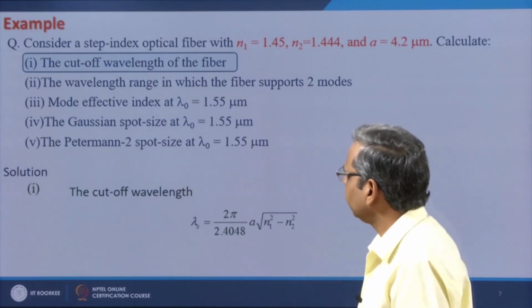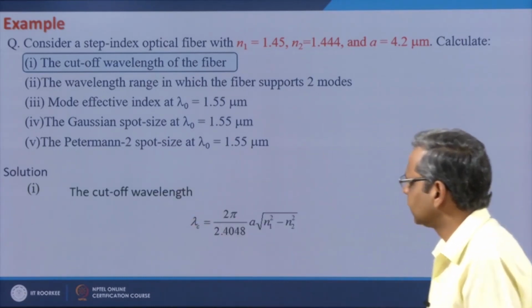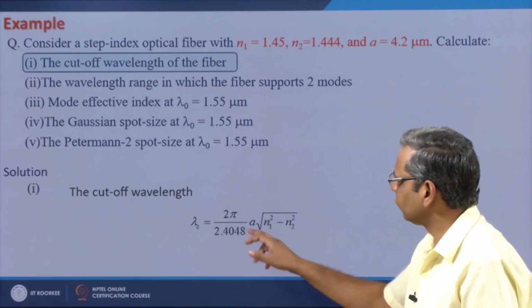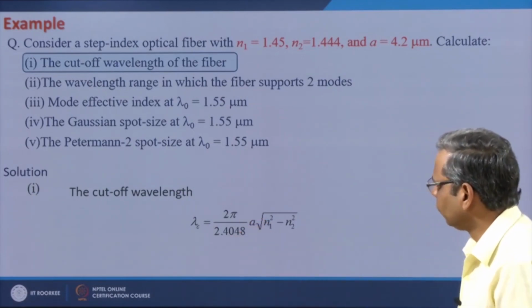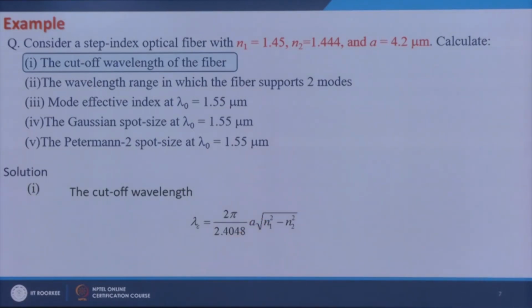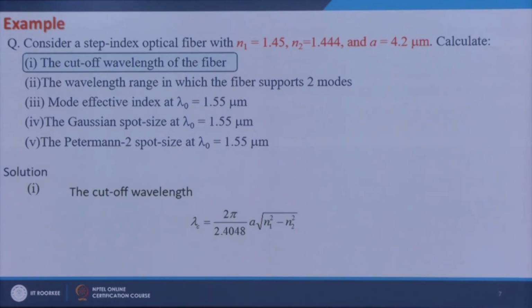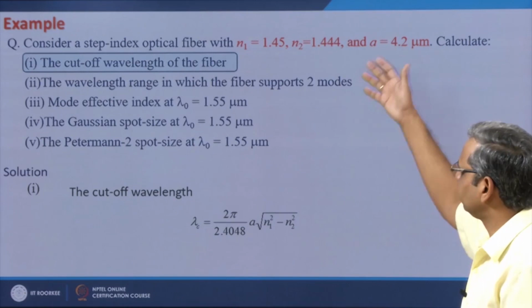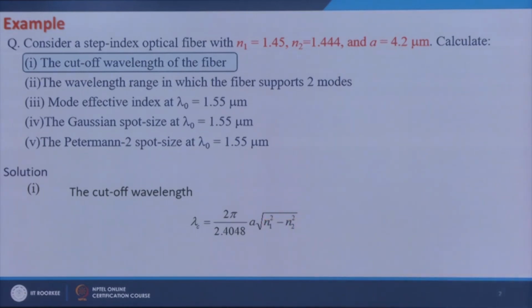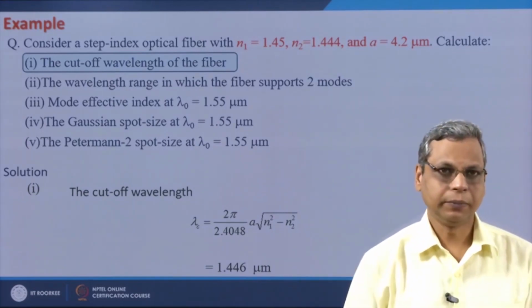I know that the cutoff wavelength of the fiber is given by lambda c is equal to 2 pi over 2.4048 times a times square root of n1 square minus n2 square. So, if I plug in all these numbers into this formula, then I immediately get the cutoff wavelength as 1.446 micrometer.